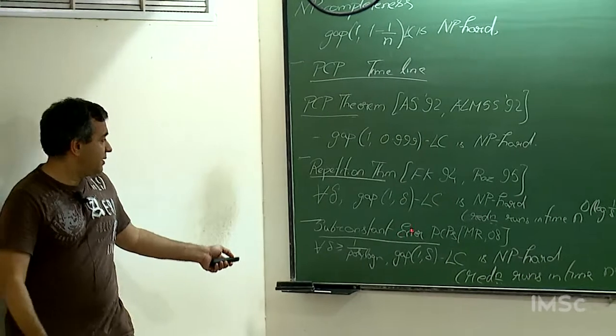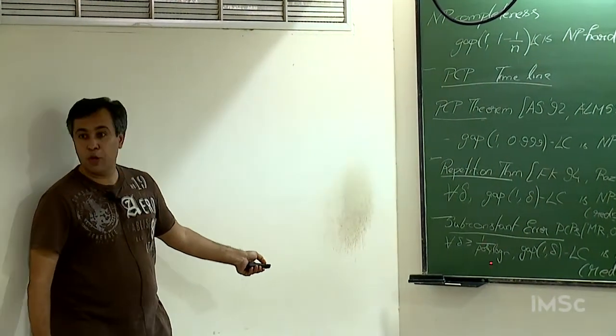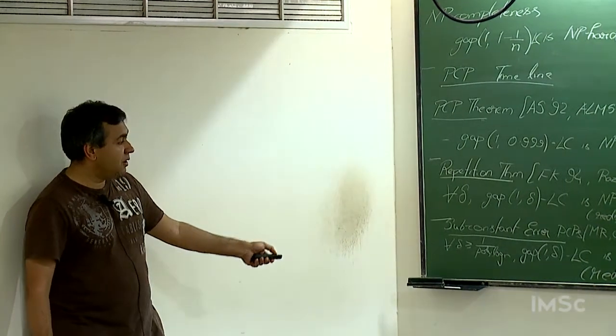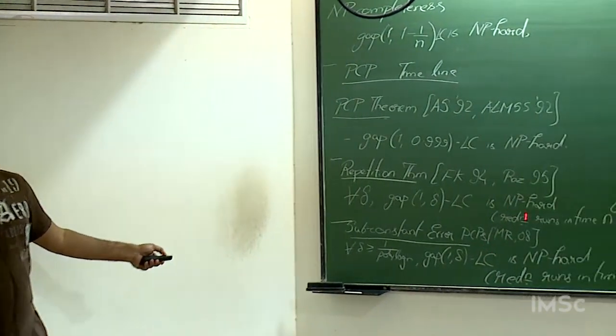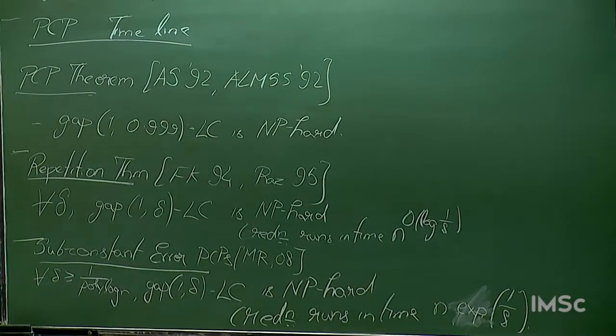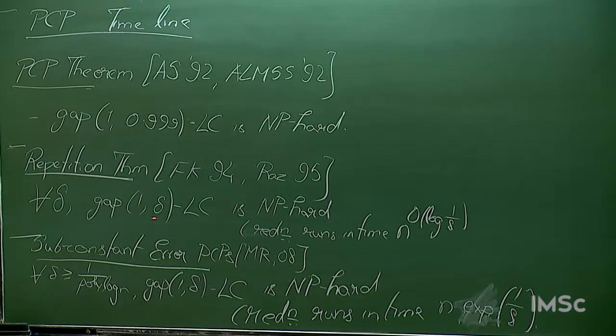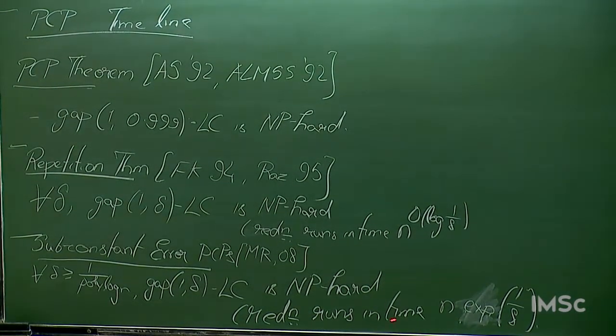So you could make this gap even larger, as small as 1 over polylog n. This improves our understanding, since you can prove even better inapproximability results using this one. Notice that this is better than the earlier one, not just because the gap is now even larger, but also because of the running time.